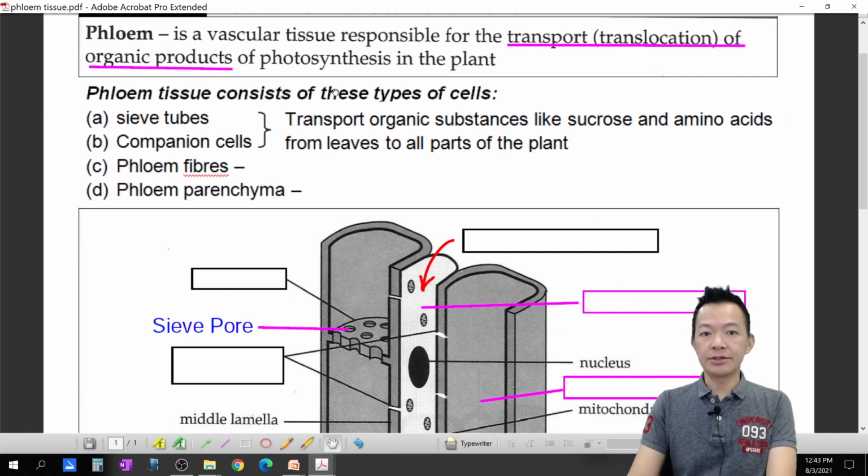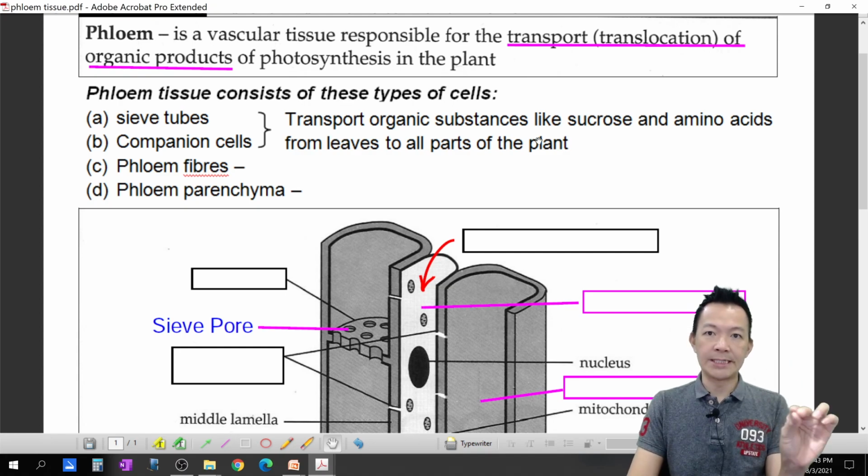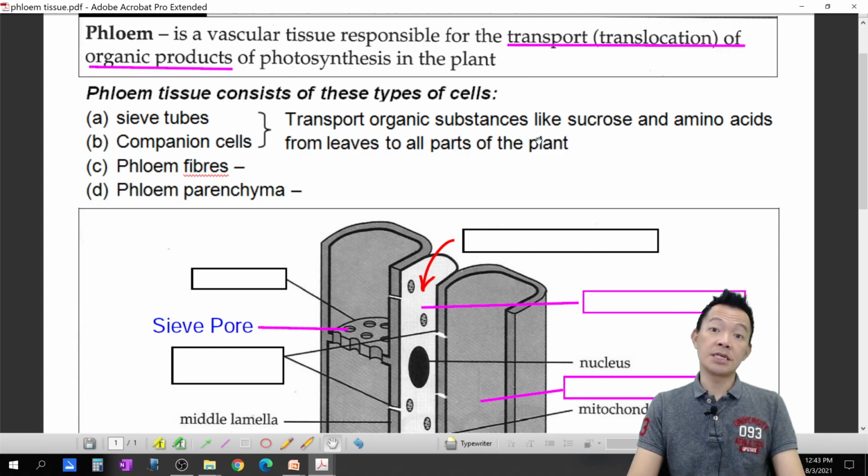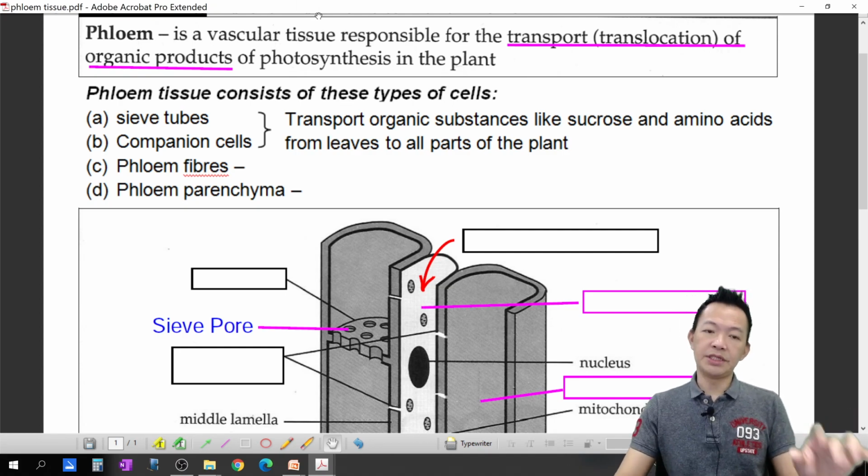Both of these cells transport organic substances like sucrose and amino acids from the leaf to all parts of the plant. So they are mainly for transportation, sieve tube and companion cells.